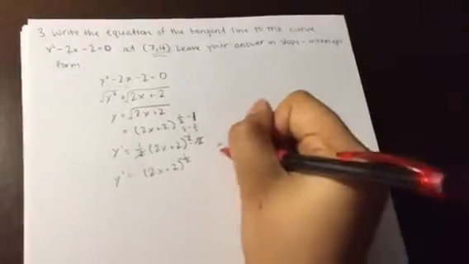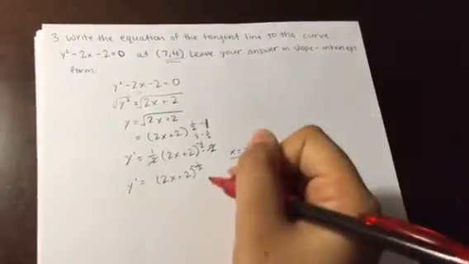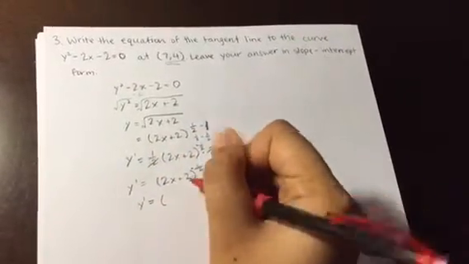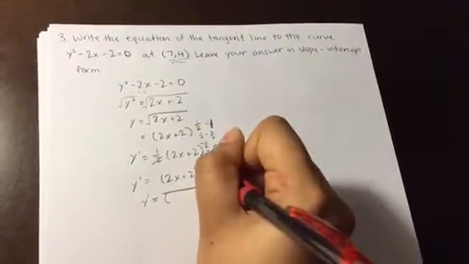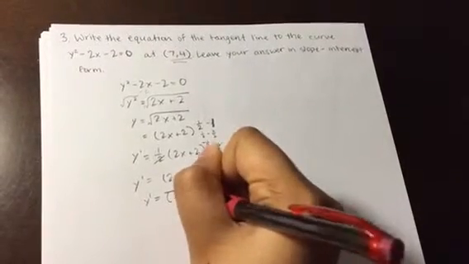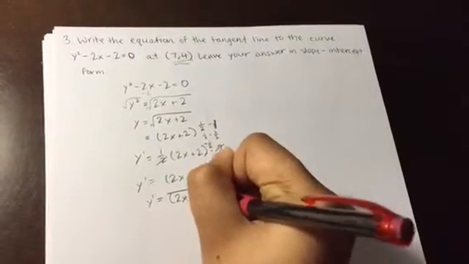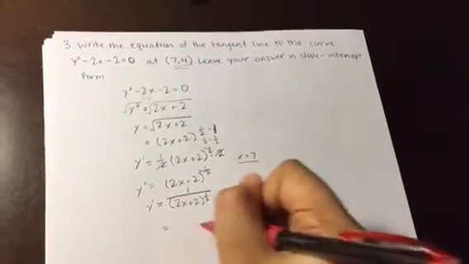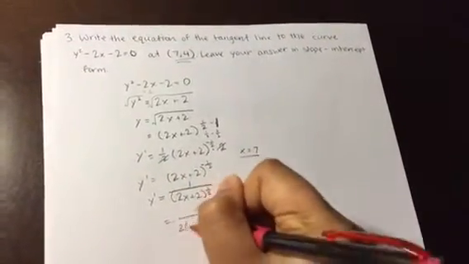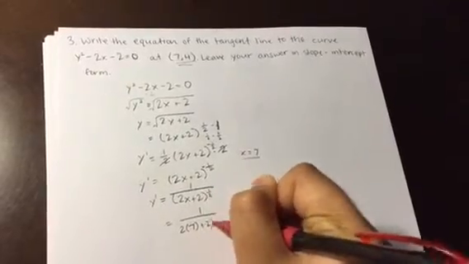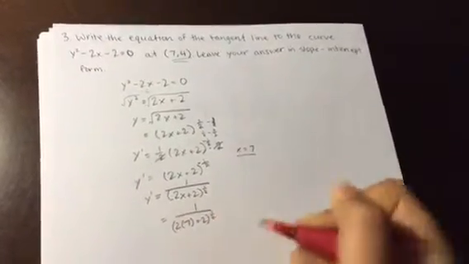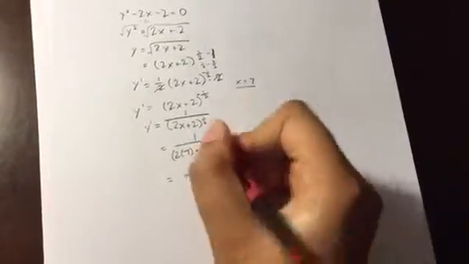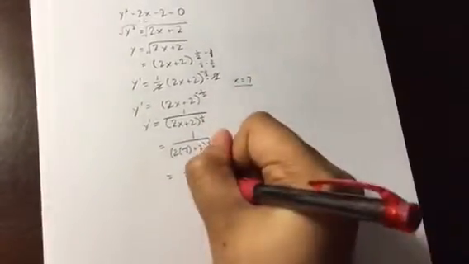This is where you plug in x equals 7. If you rewrite this, you have 1 over 2x plus 2 to the 1/2 power. When you plug in 7, you do 2 times 7 plus 2, all to the 1/2 power. And then this is 14 plus 2, so 16.